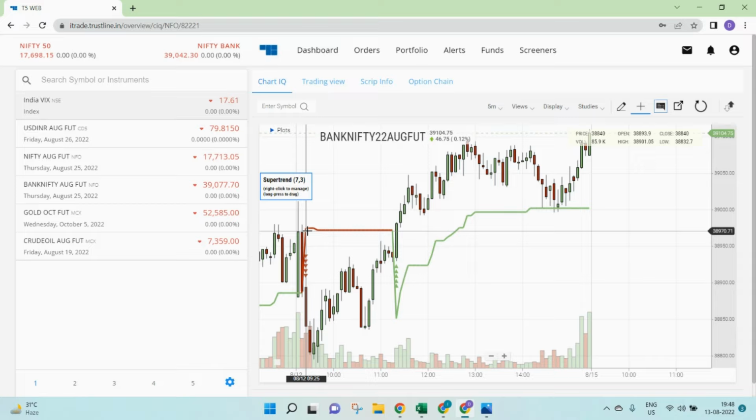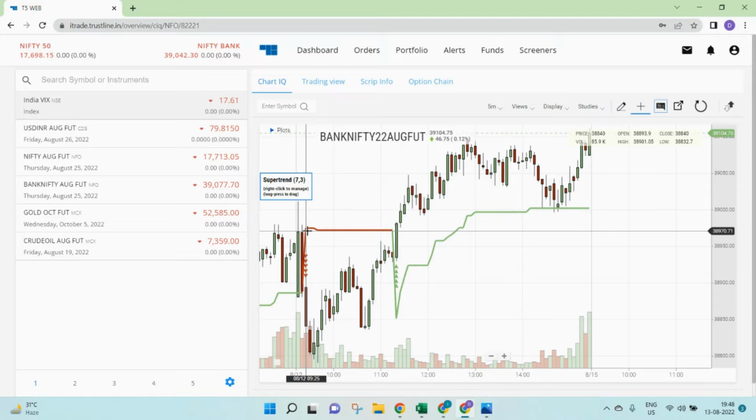Now suppose the market reverses, like it has happened in this particular case. If it had been a directional strategy, your CE would have lost; plain naked selling would have been a major loss in the call option.